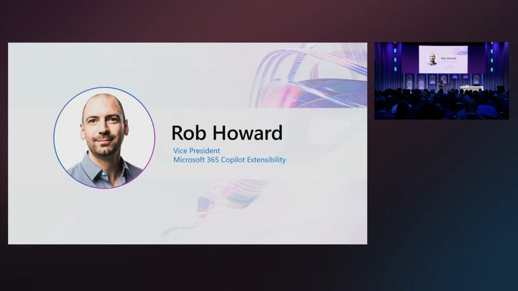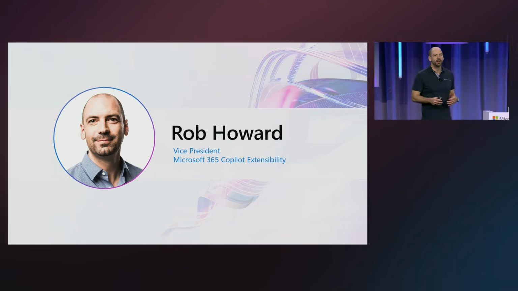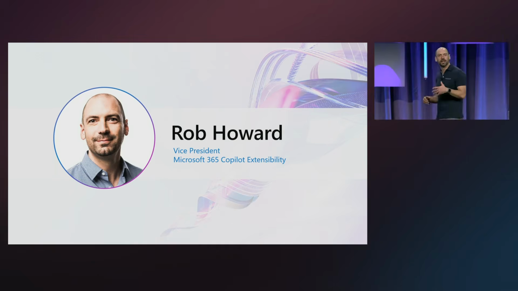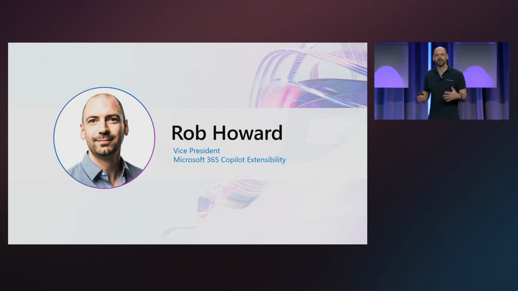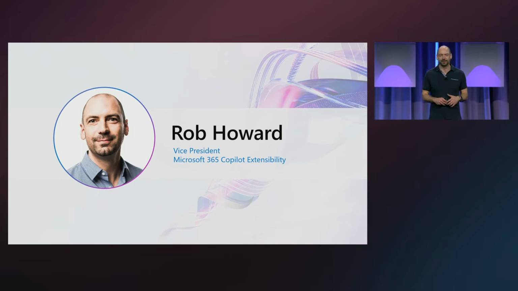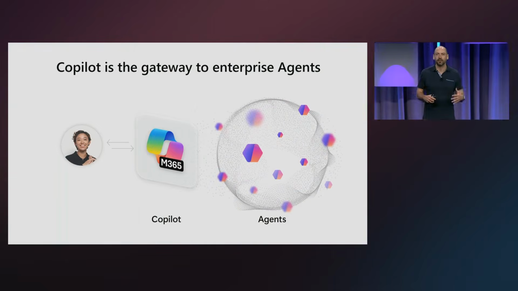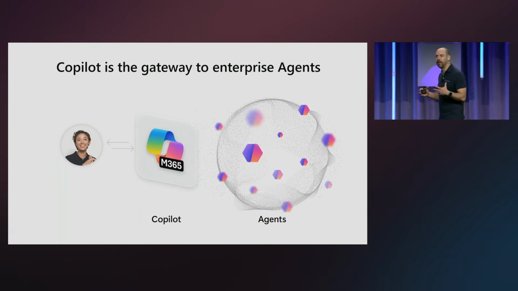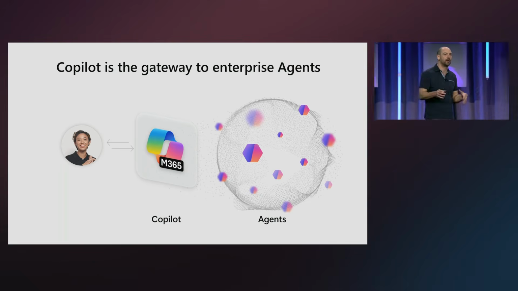I'm Seung. I lead the product team that is responsible for Copilot extensibility, building agents, connectors, the APIs that you use to integrate in with the Copilot stack. So this is a topic that is near and dear to my heart. And I hope by now a lot of you know the basics. We think of M365 Copilot as this personal productivity assistant grounded in your work context.